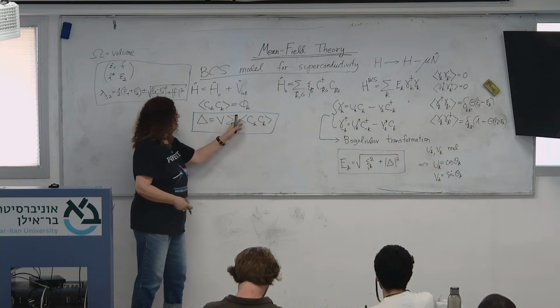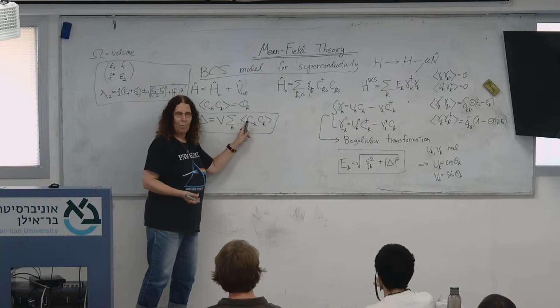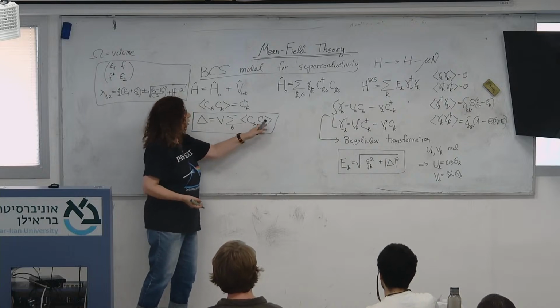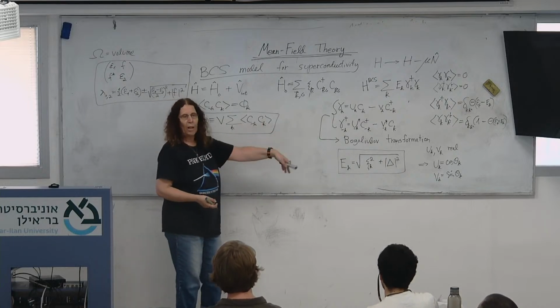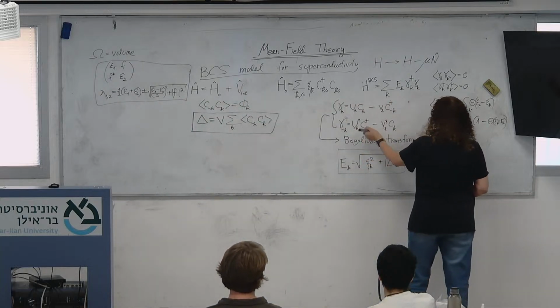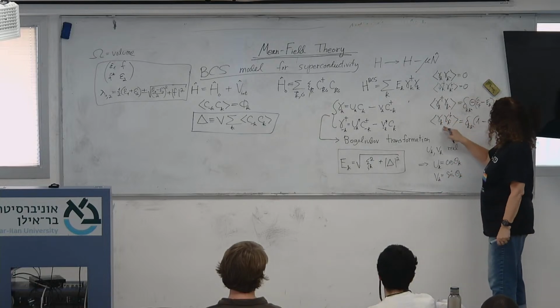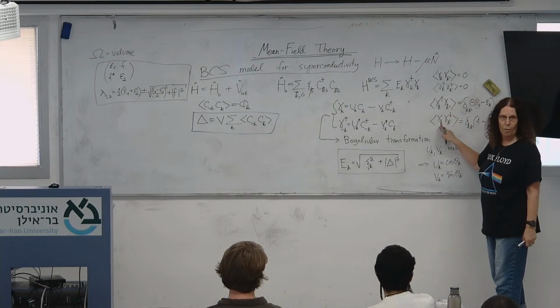But this guy I can calculate independently because I already solved, I diagonalized the Hamiltonian, I found a transformation that diagonalizes the matrix, and I know the expectation values of the gammas in the new vacuum.